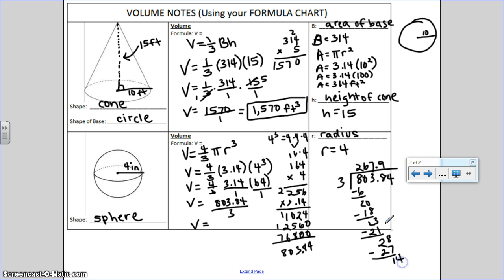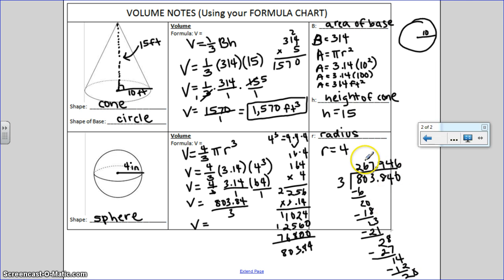Alright, here we go. We're almost there. It's a 4. Okay, and then I would bring down a 0 here. Now this is getting to the point where it's starting to go a little bit over the top. So I'm just going to go ahead and estimate and say that the volume here is 267 and to 2 decimal places. So 0.946 becomes 0.95. And that is in inches cubed because we're talking about volume.